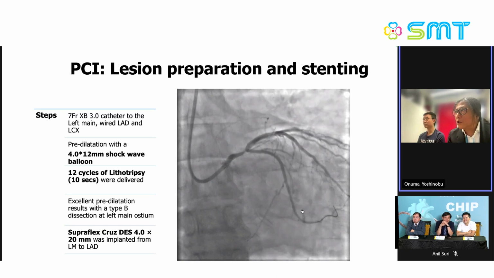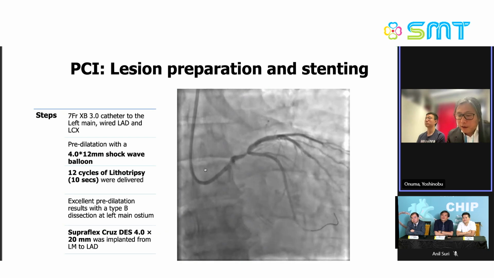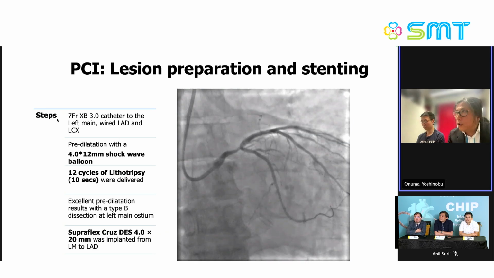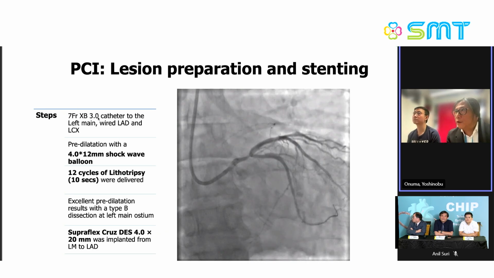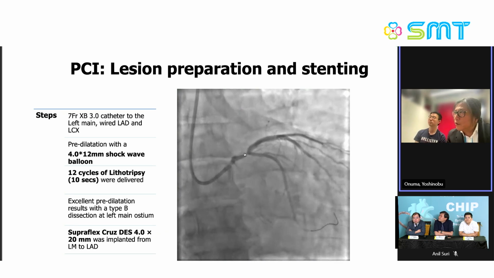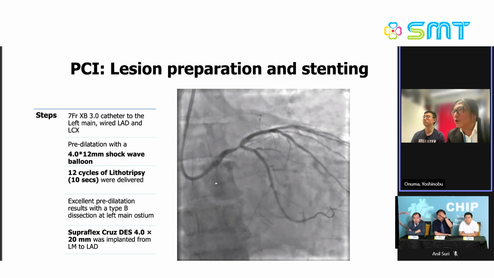So that was the actual angiography during the live case demonstration in EuroPCR. We went for the 7 French XB 3.0 catheter, and you can see that there's a significant stenosis, and you can really see some calcification also on angiography.